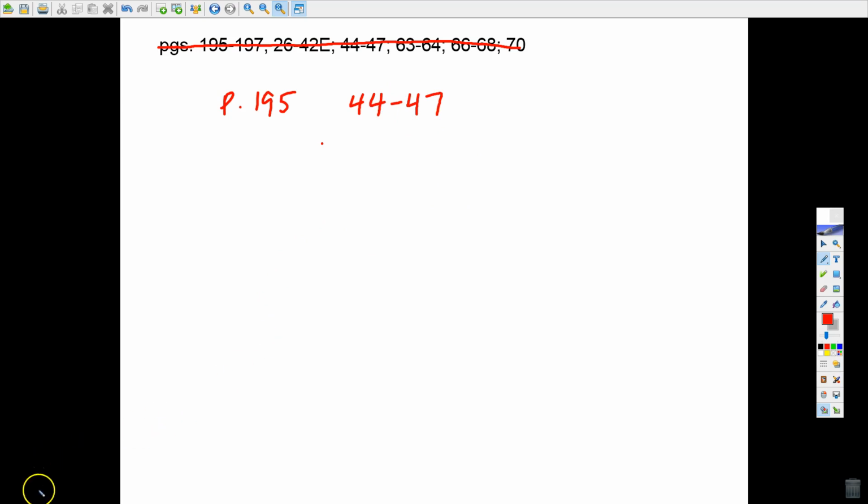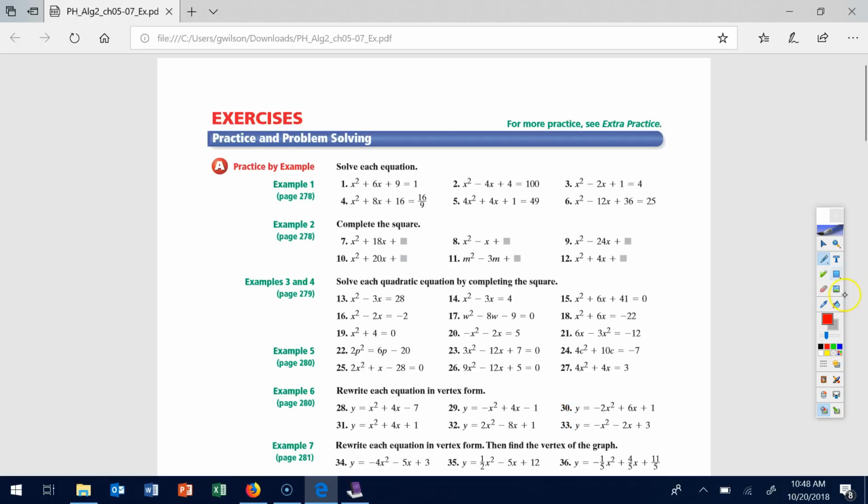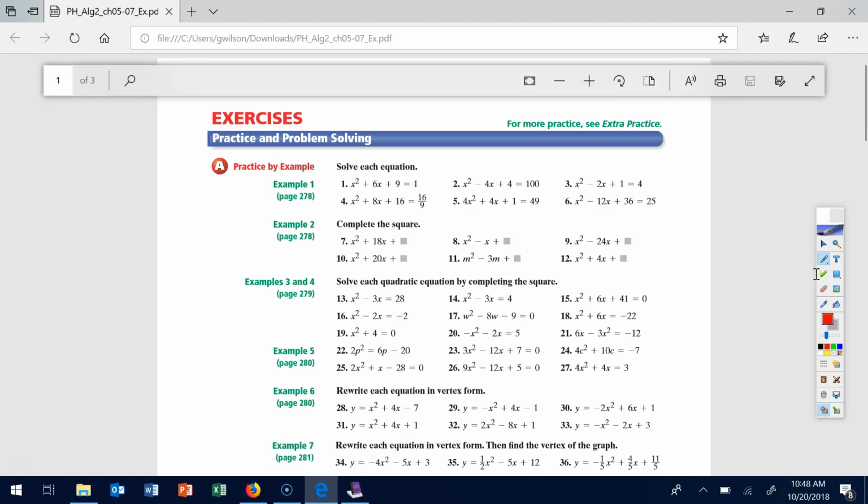And then I gave you a handout, and I'll post this on Moodle. And the handout looks like this, and I know the directions say rewrite in vertex form. I do want you to do that, and then go ahead and include the vertex as well. You're doing these problems here, 28 to 33 on that handout.